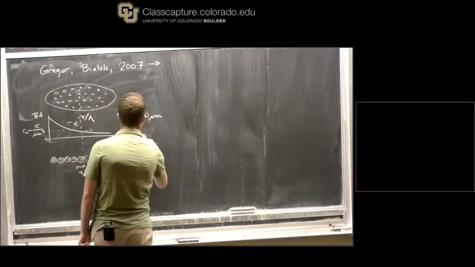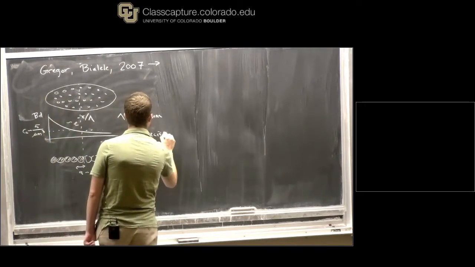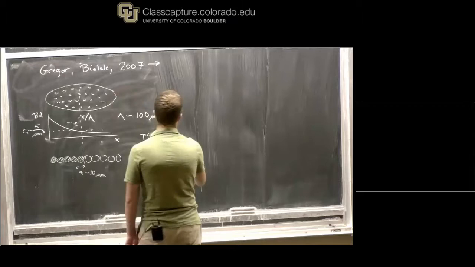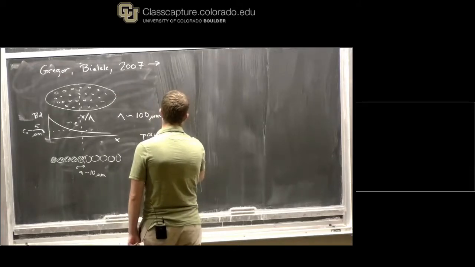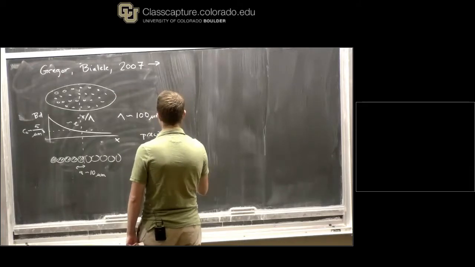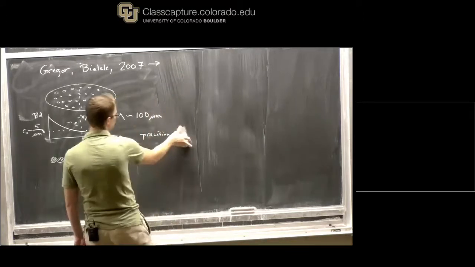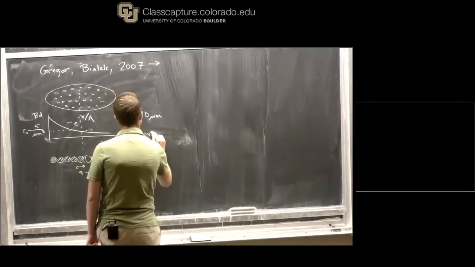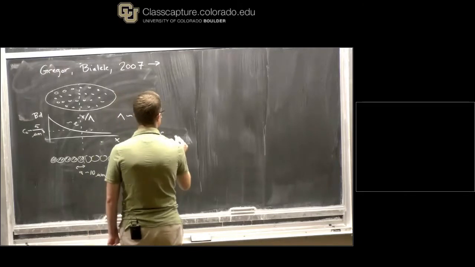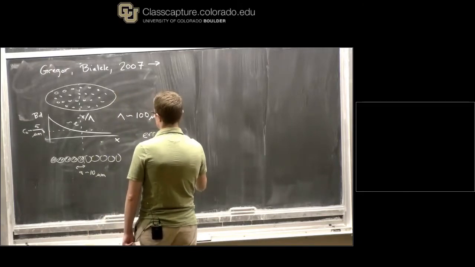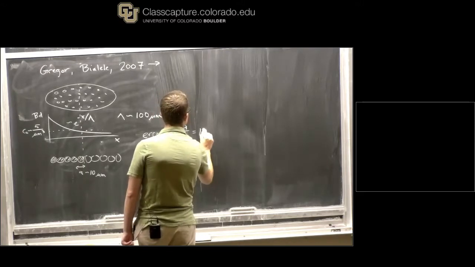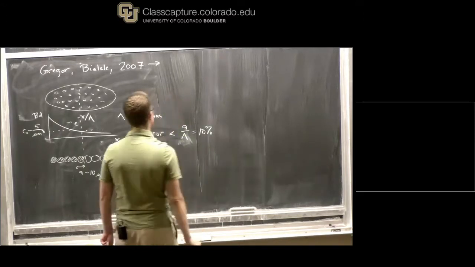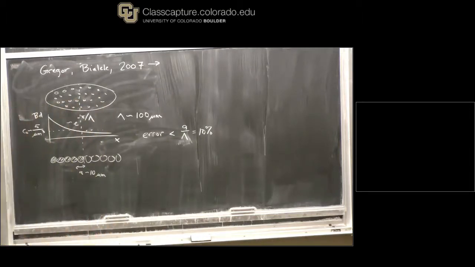So the precision needs to be greater than, let's do it in terms of error, that's how we've been doing it, the error needs to be less than a over capital lambda, which is 10%.